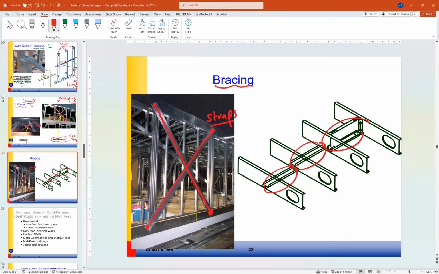So these are also from cold formed steel. It can be from cold formed steel sheets. So it doesn't have a shape, just a sheet. So it is like a plate, but it is a thin plate.